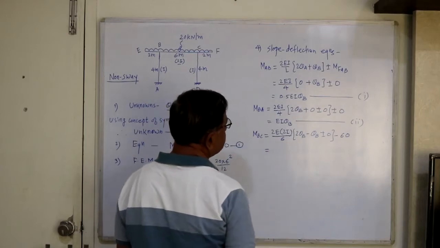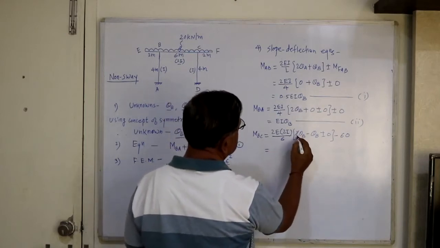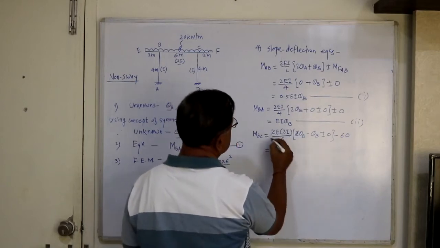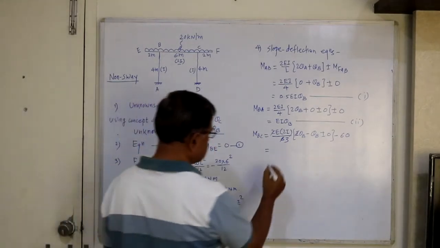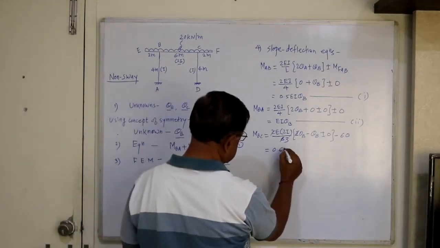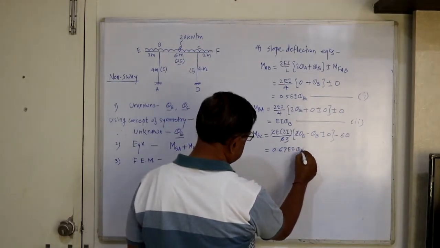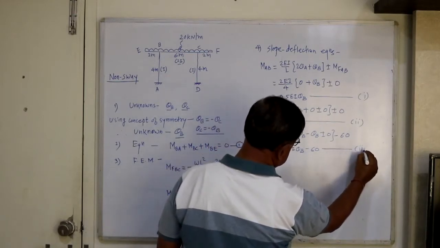So this will be 2 theta B minus theta B, it's theta B. So this is 3, 2 by 3. So 0.66, or you can write 0.67 EI theta B minus 60, equation 3.